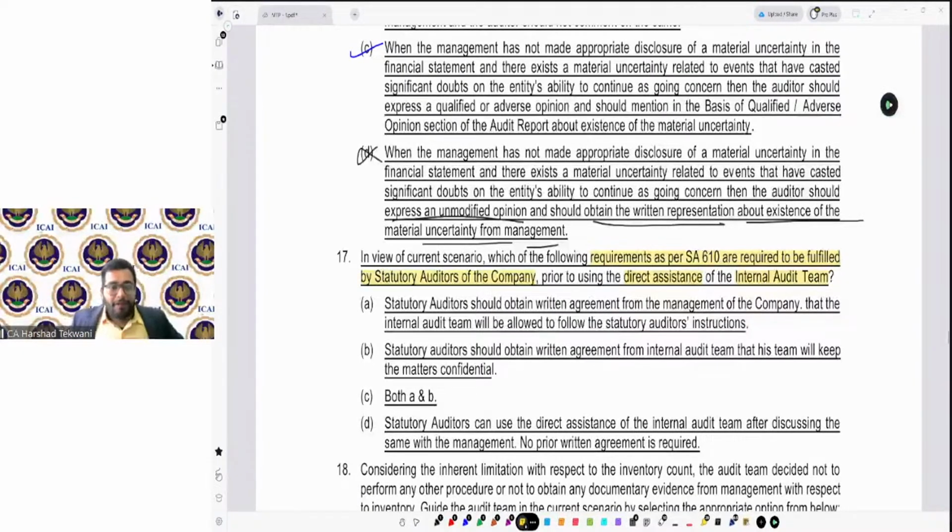Again, when I want to use the work of internal audit, like testing they have performed, and I want to rely upon their work, yes, the point is important that if they don't have objectivity, I cannot rely upon their work. Fine. But where I want to use internal audit as direct assistance, I can give areas where there is low risk and no complex calculations or accounting involved.